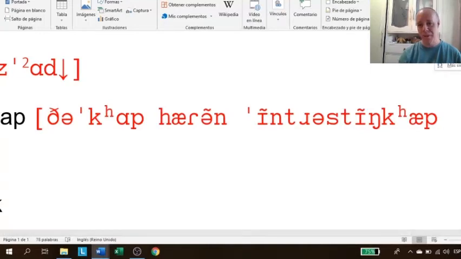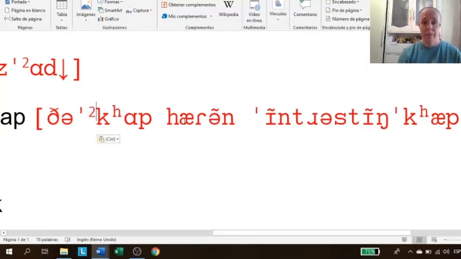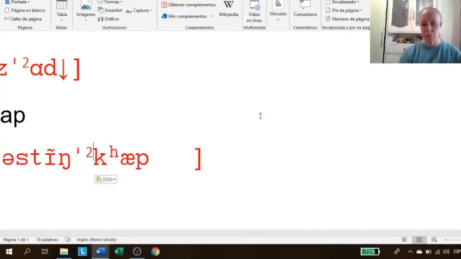Three stress marks. That means there will be three tone marks. One, the cop had an interesting, I will emphasize this, so three then, and cap, and a two there.